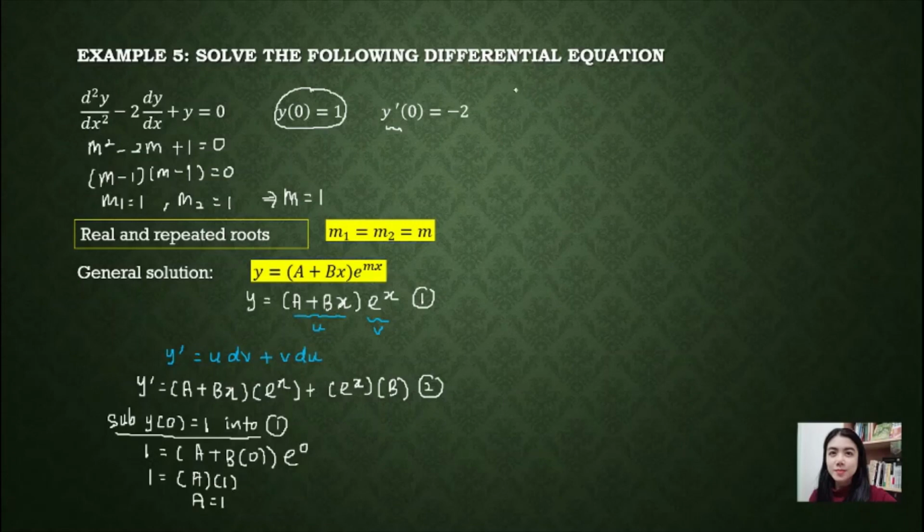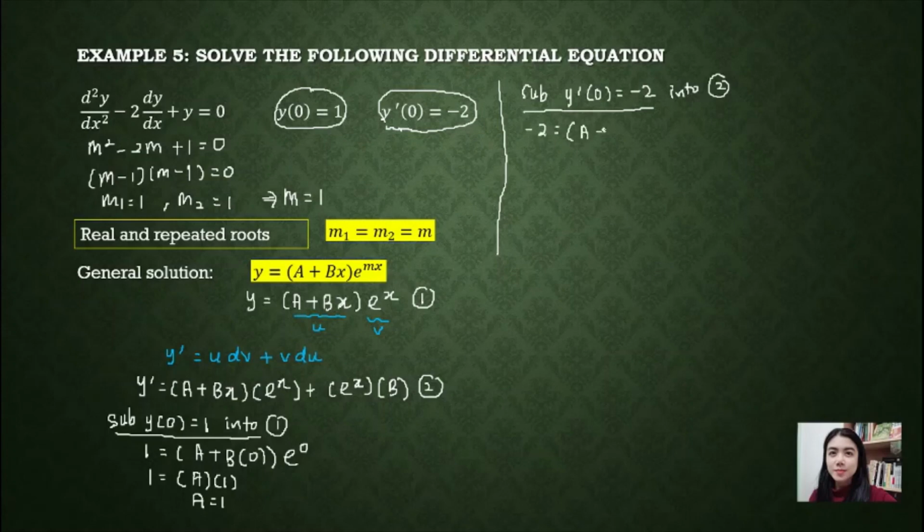So once we have known our value of a, then we're going to substitute the second initial condition. So you're going to substitute your y prime(0) equal to negative 2 into your second equation, because the second equation has the y prime here. So it means that your y prime is actually negative 2. So we have negative 2 equals to (a plus bx) e to the power of x, and the x here is actually 0.